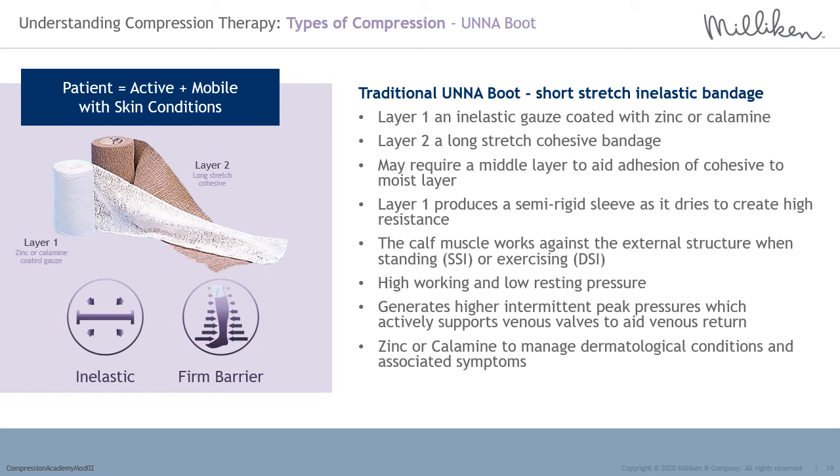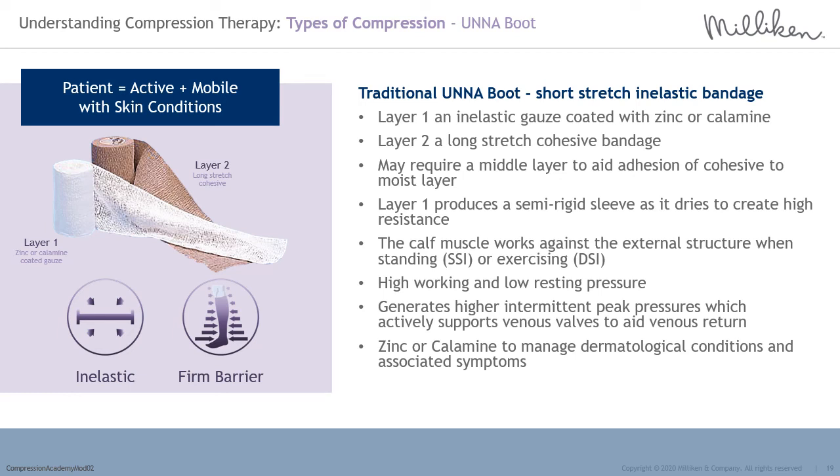The traditionally used Unna-Boot was invented in 1896 by the German dermatologist Paul Gerson Unna. Layer 1, an inelastic cotton gauze coated with zinc or calamine, and layer 2, a long stretch elastic cohesive bandage, often requiring a middle layer, usually an orthopedic wool type bandage, to allow bonding of the cohesive layer as it is unable to bond over the moist zinc layer.